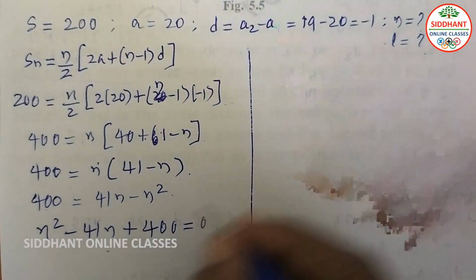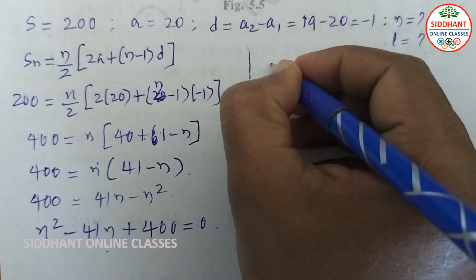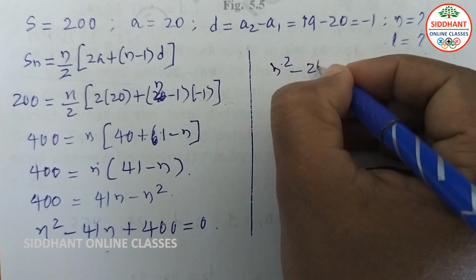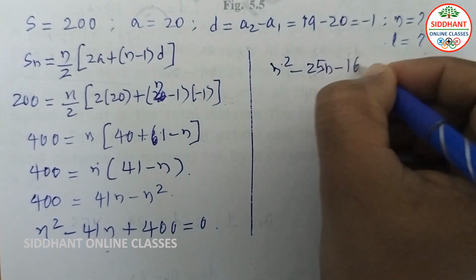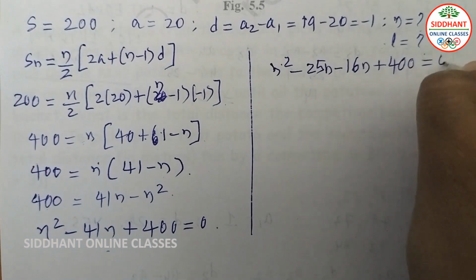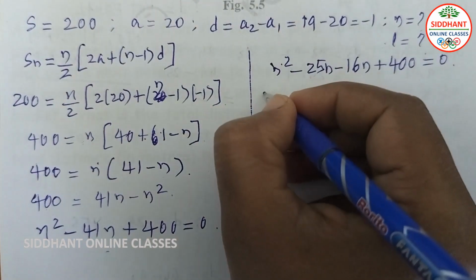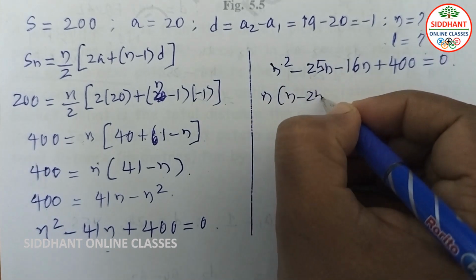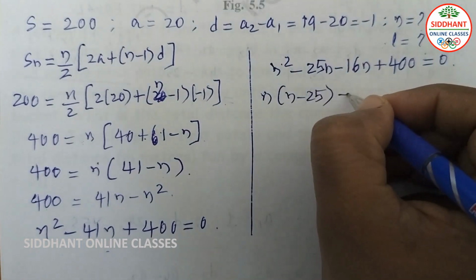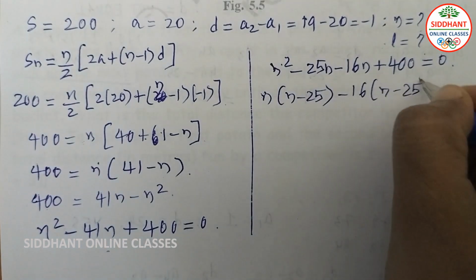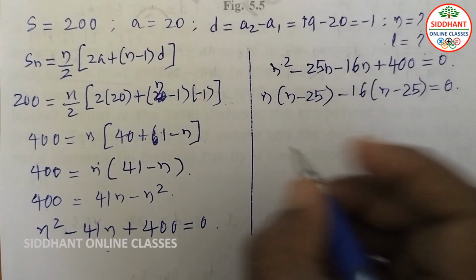That means n square minus 25n minus 16n plus 400 equal to 0. Taking common, n(n minus 25) minus 16(n minus 25) equal to 0.